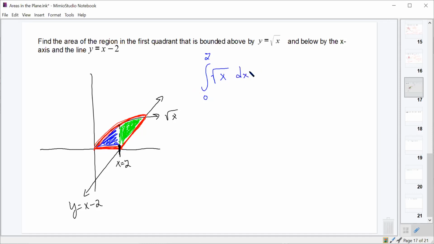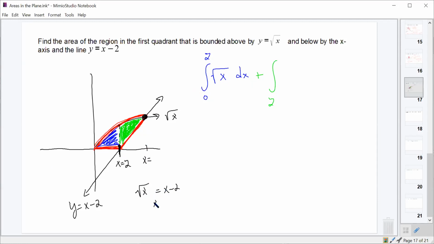All right. Now to do the green section, we're going to add the integral from 2 to this endpoint. Oh man, now we've got to find this endpoint, right? We've got to figure out what this x value is, where root x and x minus 2 intersect. When is that the case?